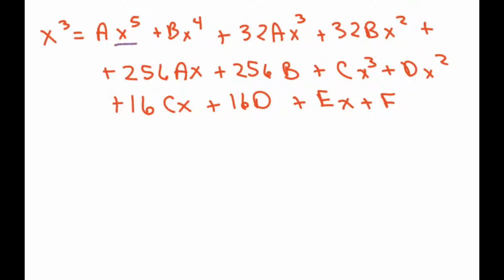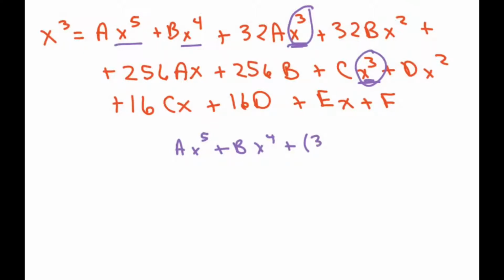Now what we want to do is group our like terms together. We have these two cubes here, and we have a bunch of squares. So when you group it together, you're going to get ax to the fifth plus bx to the fourth plus, now group my cubes together, that's going to give me (32a plus c)x cubed, and then group my squares together.